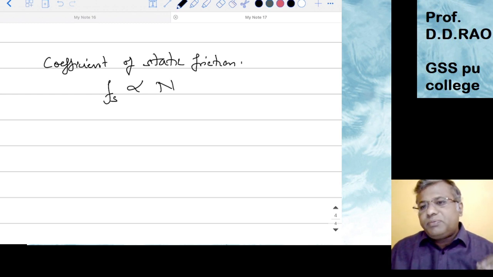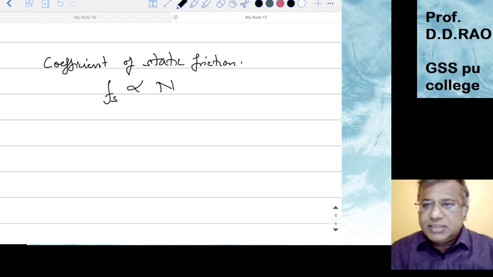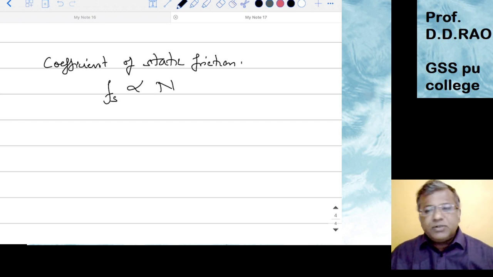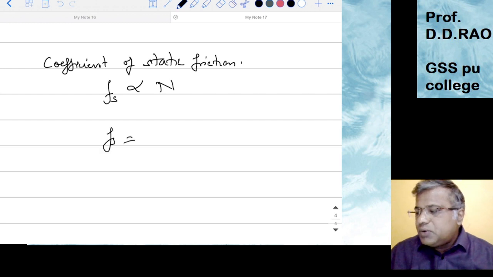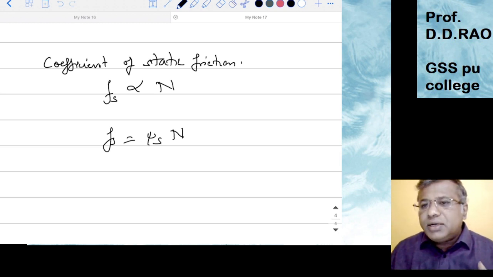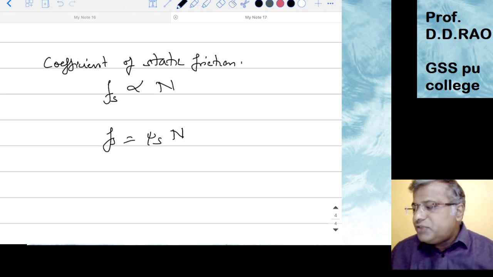That is the very important law which we are discussing. So frictional force is directly proportional to the normal reaction, or Fs equals mu s times N. And this mu s which I am discussing is called the coefficient of static friction.